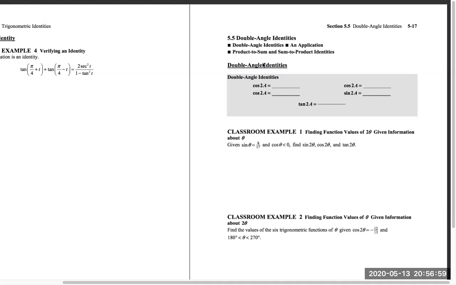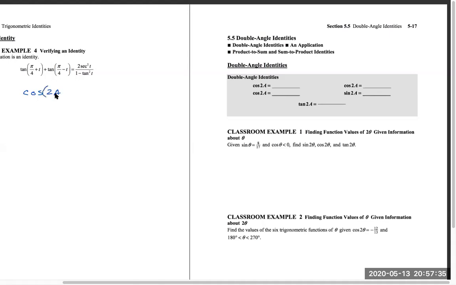Okay, so basically, let's start by filling in this chart here. And actually, no, let's not fill this in yet. We're going to show a little bit of detail here first. The next bit is double angle identities, and in 5.6, we're going to cover half angle identities. So where that comes from, notice that the first equation we're going to have has cosine 2A.